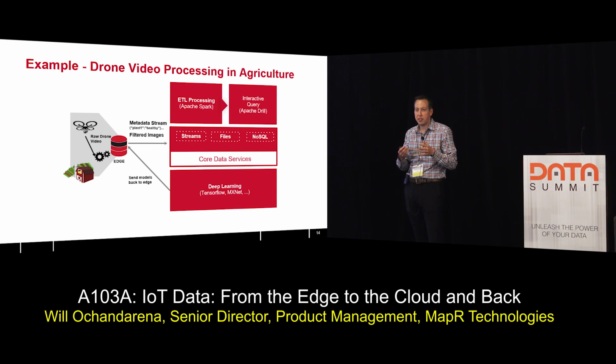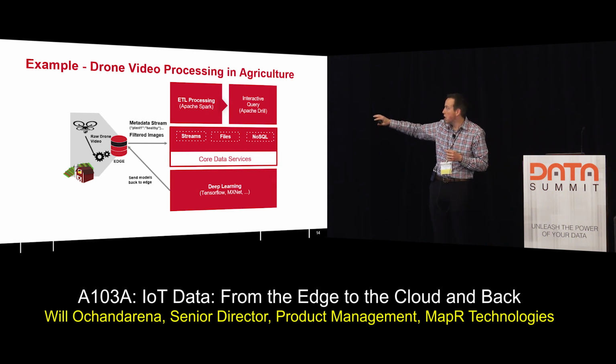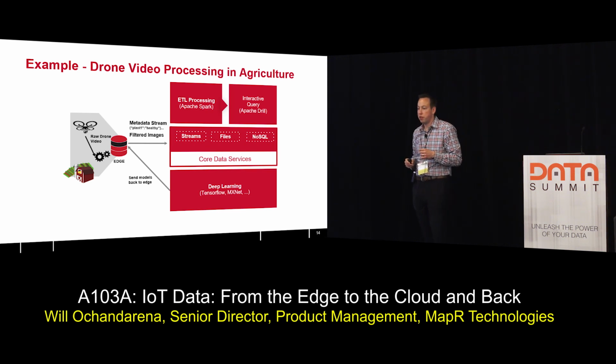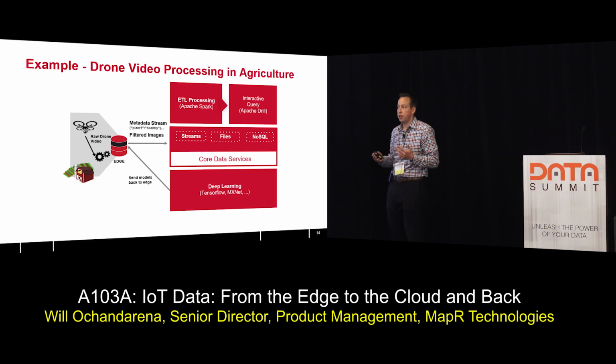But if it says 50%, you can probably make a decision based on it, but that is now an interesting image that you might want to feed back to the core so that you can refine your learning and be more sure about that classification moving forward. But you see from this, you've filtered down the data by converting it to metadata and filtering out those images. You've probably filtered it by a factor of 100 and made better use of that.